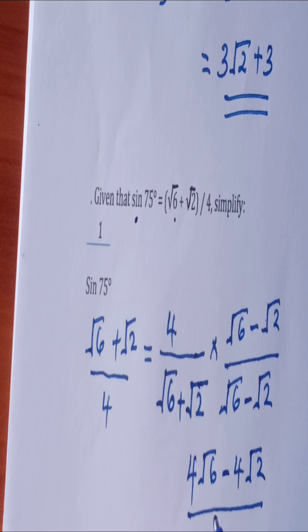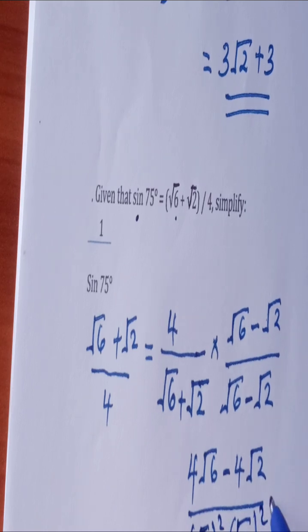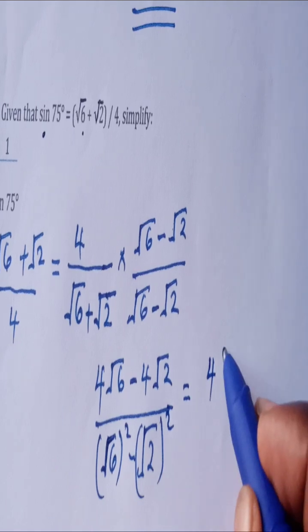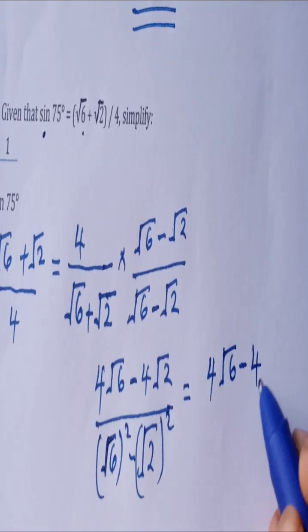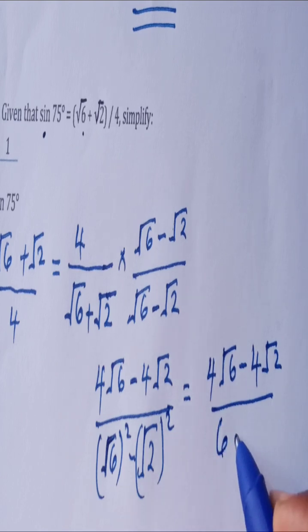Root 6 times root 6 is 36, the square root of 36 is 6, and the square root of 4 is 2.